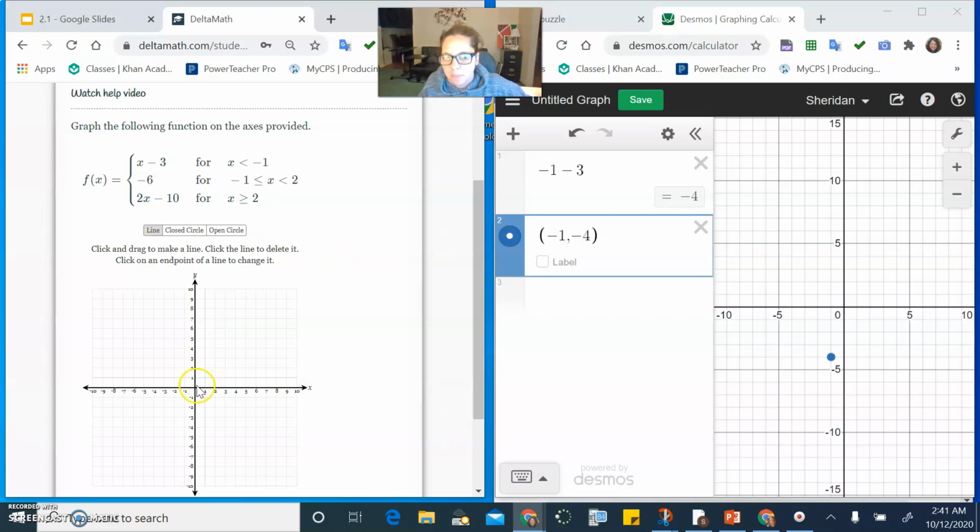Start down at -1, -4, and my slope is 1. This only counts for x less than -1. So I need this to be an arrow and this to be an open circle.